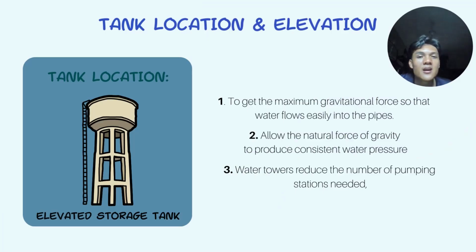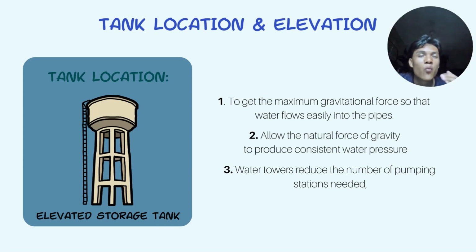The second point is about tank location and elevation. For the tank location, we decided to put it at a higher level or higher point, which is an elevated storage tank. Why do we choose to place the tank on a high tower?